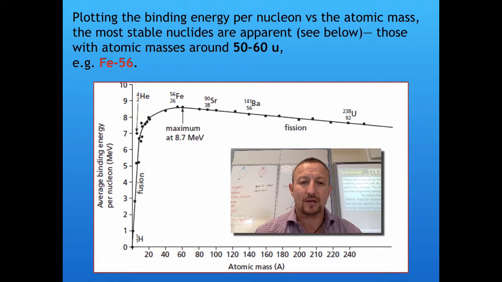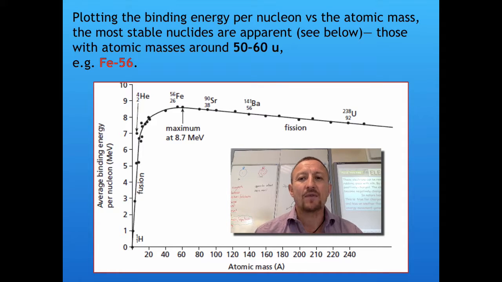We've got atomic mass along the bottom, and we've got the average binding energy in mega electron volts up the vertical axis. And what you'll notice is, as we go through the elements, we've got hydrogen way down at the beginning with a binding energy of 1 mega electron volt. Remember, that's the smallest nucleus that we've got.